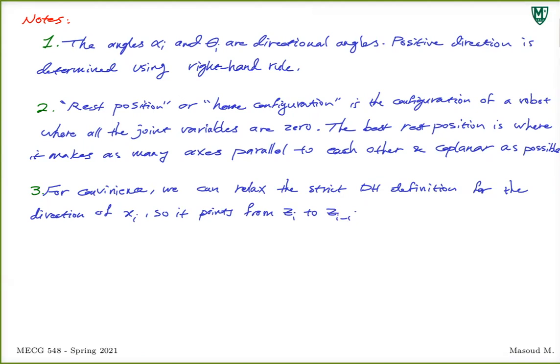That can be done, and we still get a correct DH parametrization, correct values. This flipping of the direction happens sometimes when we want to get most parameters 0.